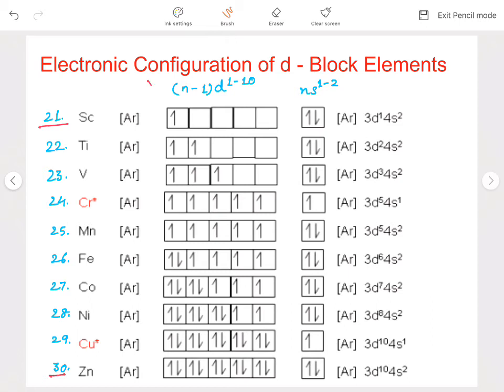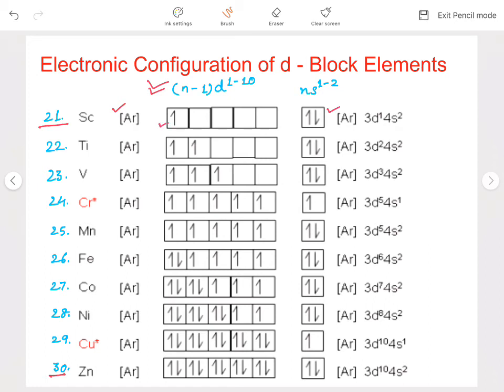General configuration you all know, it is (n-1)d 1 to 10 and ns 1 to 2. The p subshell is filled up to argon, that is 18 electrons are completely filled, and after 18, in scandium we have 3 electrons, 2 go in s and then 1 in d.